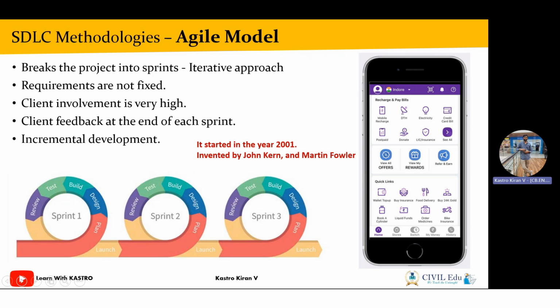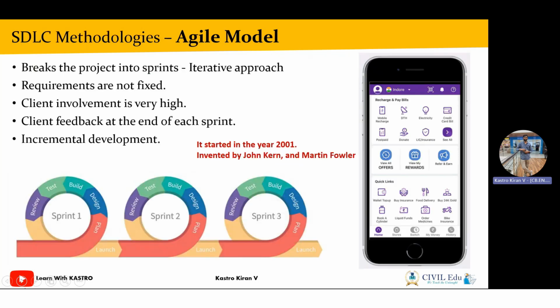And there is always a chance for incremental development in the agile model. What does incremental development mean? Whenever a client comes up with a new idea, that new idea is called incremental development. In the waterfall model, whenever the client comes up with a new idea, the budget will keep on increasing.